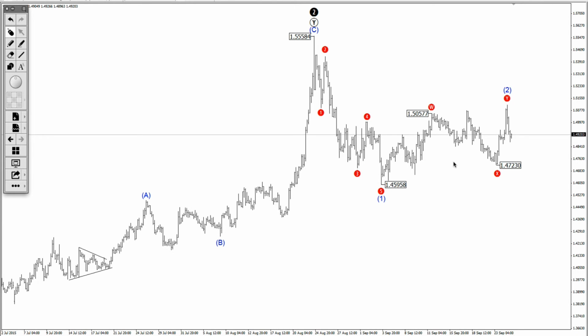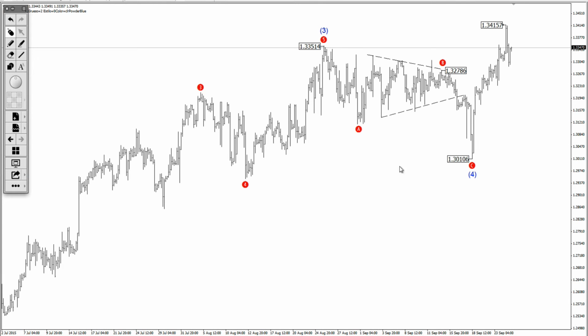in Euro Canadian. Now let's move to US dollar Canadian dollar, which is our final pair, which has also made a new high 134.15 level. This was expected and is giving a strong signal that we are now seeing the start of the larger 5th wave.